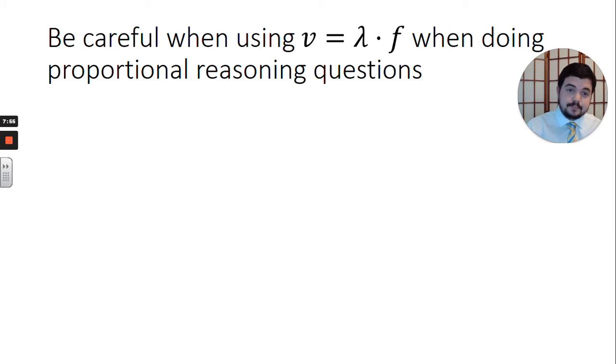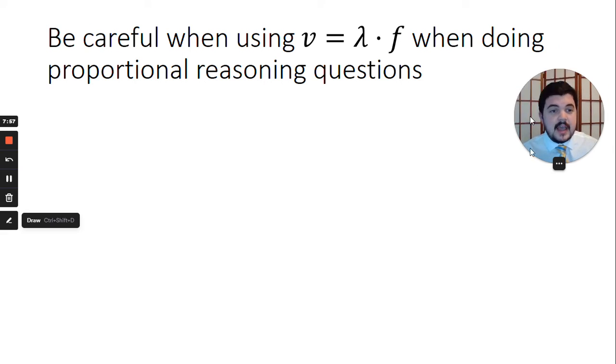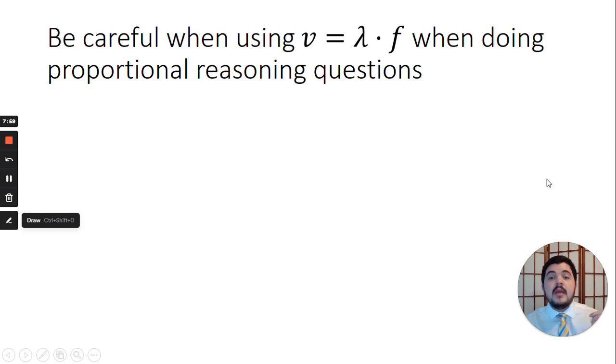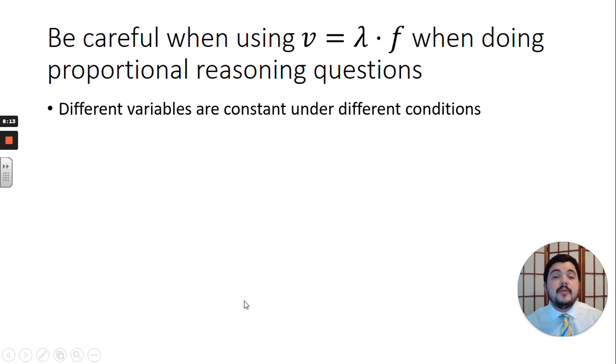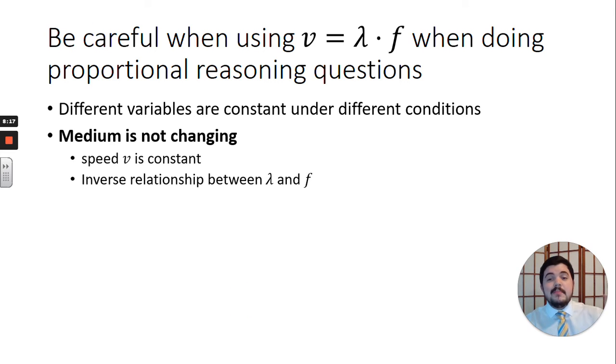Be careful. This is a place where students make some mistakes pretty frequently. When using speed as wavelength times frequency and you're doing some proportional reasoning, sometimes speed is constant, sometimes frequency is constant. So different variables are constant under different conditions. When your medium is not changing, if we're just staying in a vacuum or in air or in glass or in water, then it's the speed v that is constant.